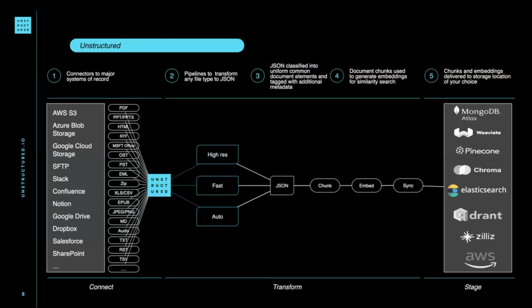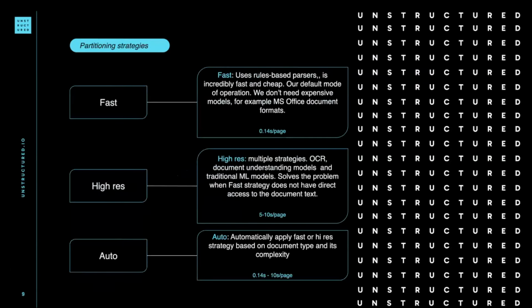So let's take a closer look at the different partitioning strategies. What does it mean? When we partition documents, the first choice that you have is a fast strategy. So if your documents are text-based, such as Markdown, HTML, Word documents, emails, we're going to be using rule-based parsers to extract the text very accurately and very fast.